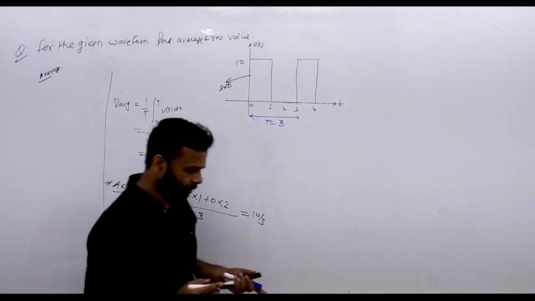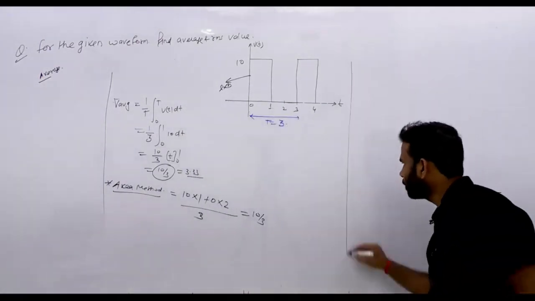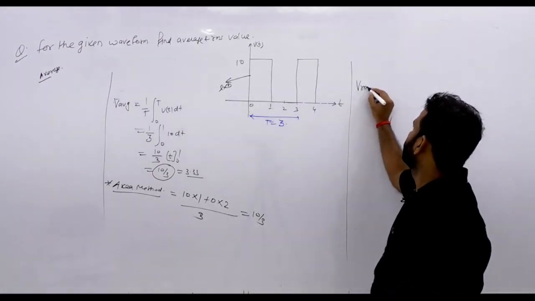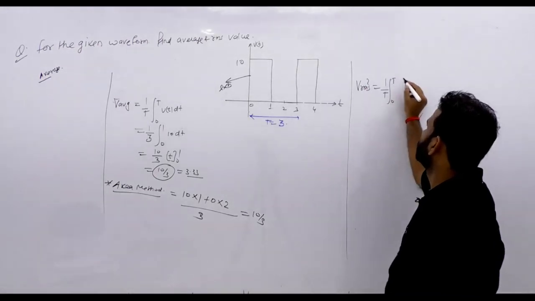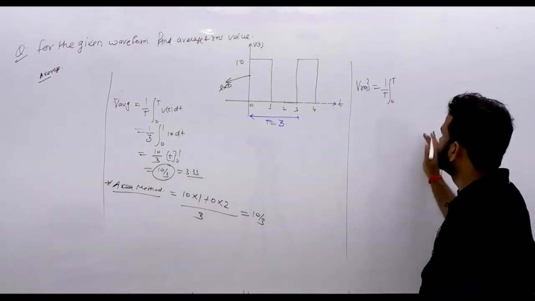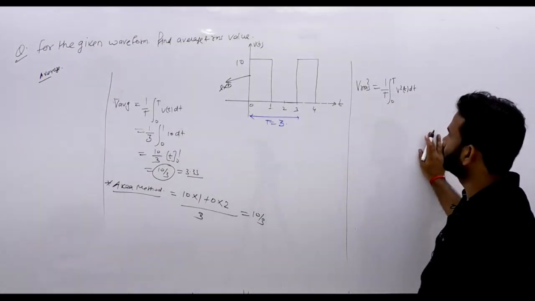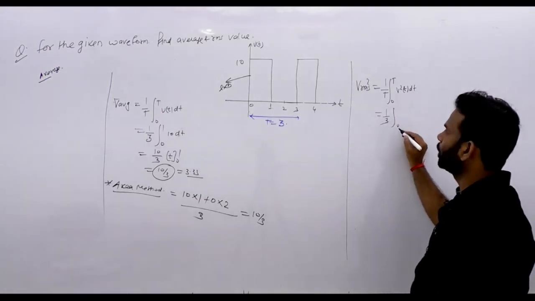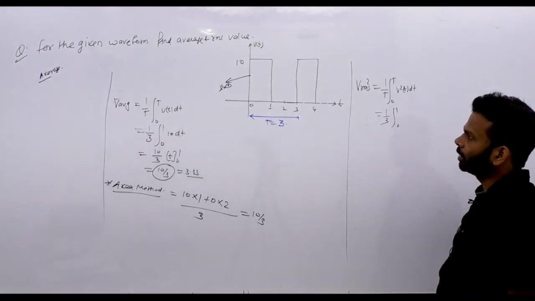Now in the next part we will solve the RMS concept. So we will see the RMS. Now let's see what RMS is. V RMS square equals 1 by T, integral 0 to T of v square dt. Agree? The time period gives 1 by 3, integral 0 to 1, because your waveform has a value only up to the point 1.